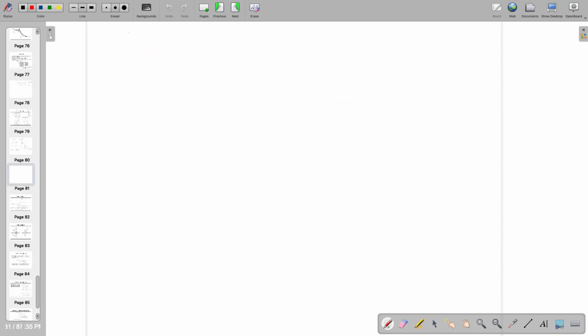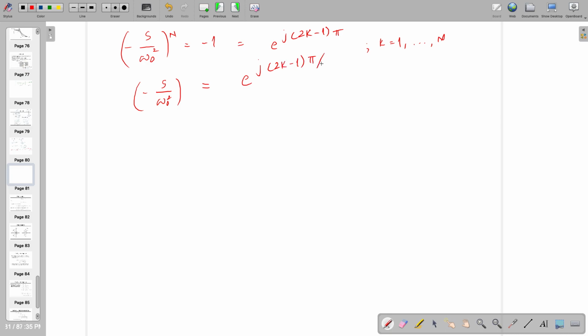So we can write minus s by omega 0 squared raised to n equal to -1 is equal to e raised to j(2k minus 1)pi, and this k is going from 1 to n. I can take this n to that side, which can give me, sorry, this has to be a square.